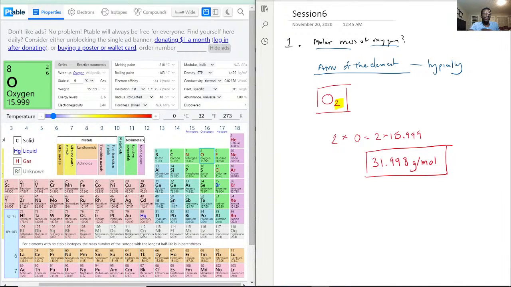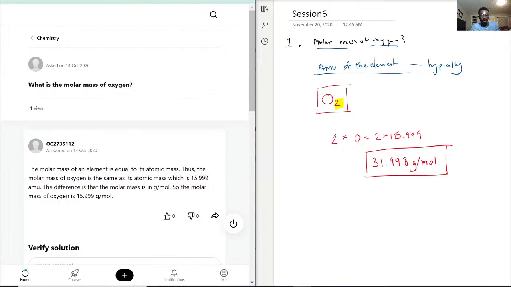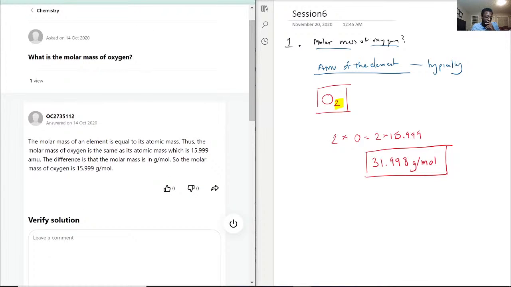Now with that, let's see how we did here. This one says the molar mass of an element is equal to its atomic mass. Thus the molar mass of oxygen is the same as the atomic mass, so 15.999. For this one, I would actually say this is incorrect, because when they ask for atomic mass, that is when you put it straight for the element. When they say the molar mass of oxygen, you have to assume that they're referring to its natural state.